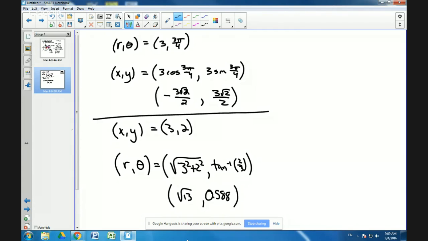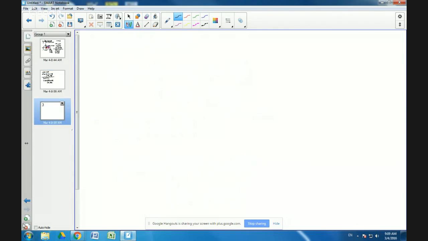If you have a line passing through the origin, how can we write that in polar form? Any ideas? Is the line gonna have a defined radius? No, it's forever, right?